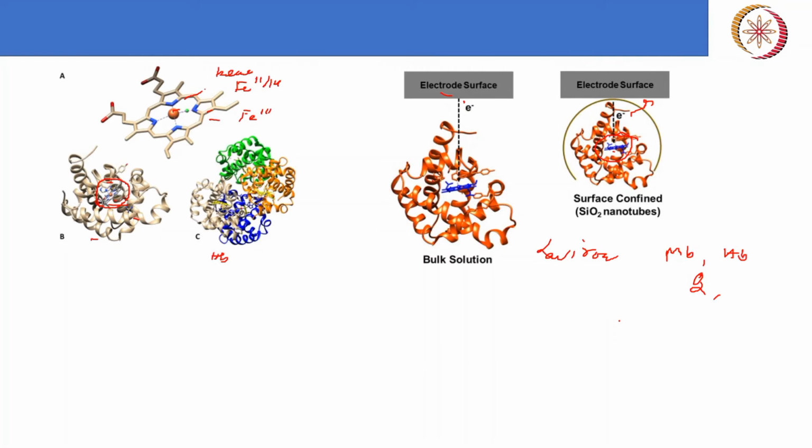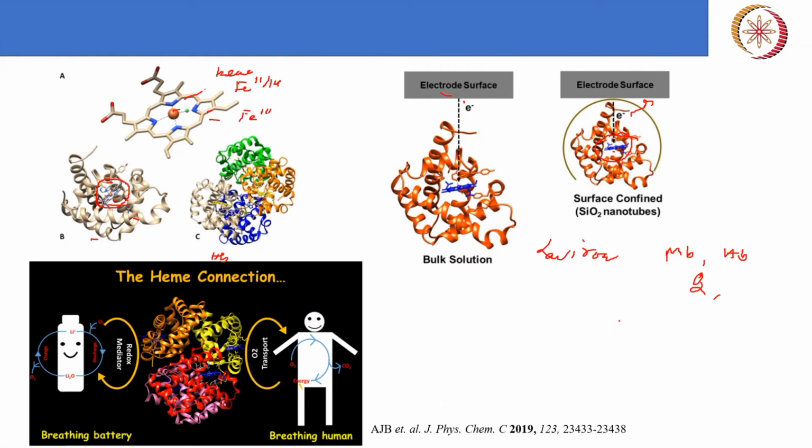This kind of experiment people usually do in energy storage, where you can see in this TOC that hemoglobin in the living system captures oxygen, oxygen is transferred, and from there the energy is released. So this idea can be converted to the metal air battery, which is one of the important energy storage devices nowadays, because its energy density is 10 times higher than the conventional lithium ion battery.